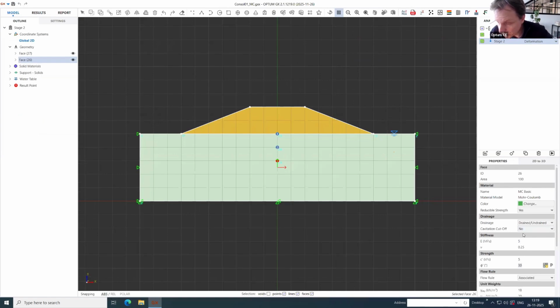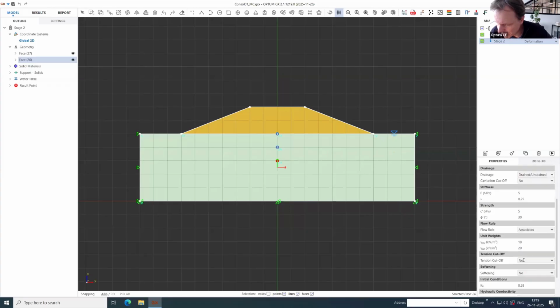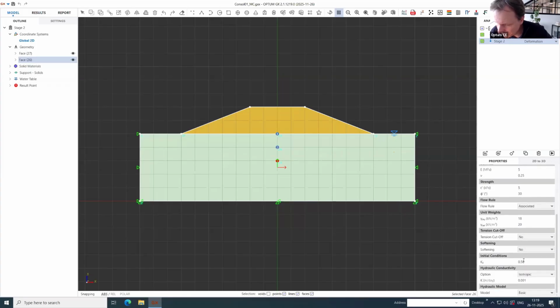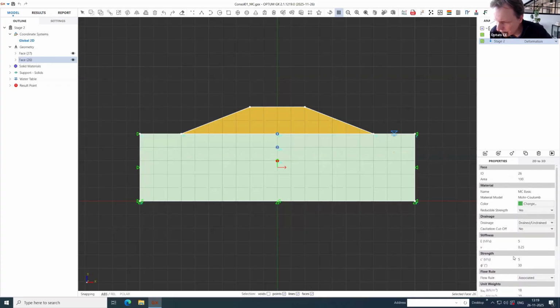C and phi, it's a Mohr-Coulomb material. C and phi of 5 kPa and 30 degrees, and it has a hydraulic conductivity of 10 to the minus 3. The drainage setting here is drained, undrained. And then there's the always drained, non-porous, which is really for when pore pressures are not relevant at all.